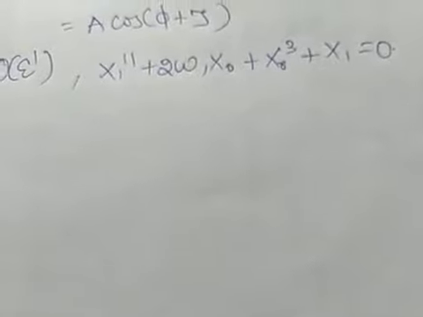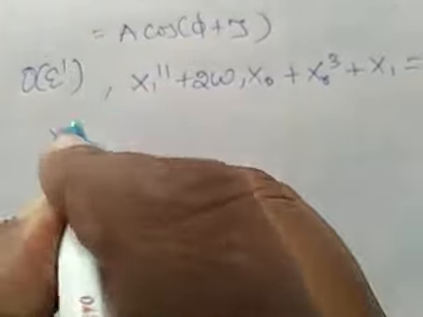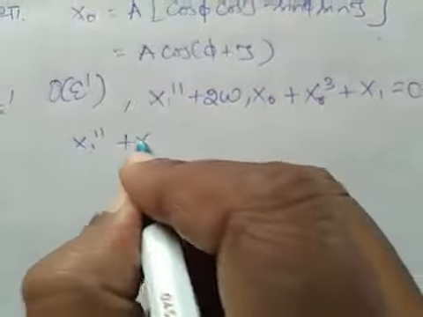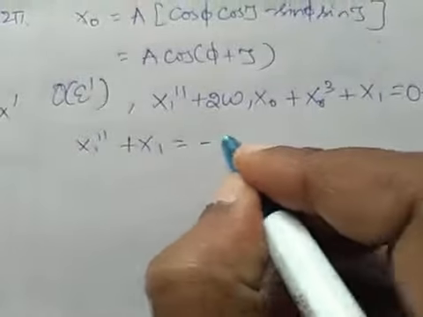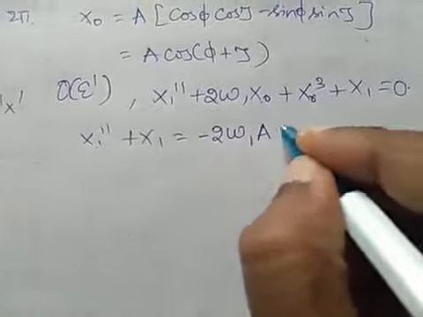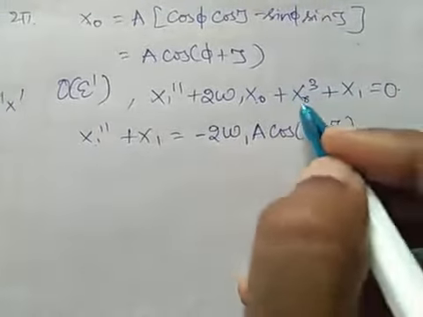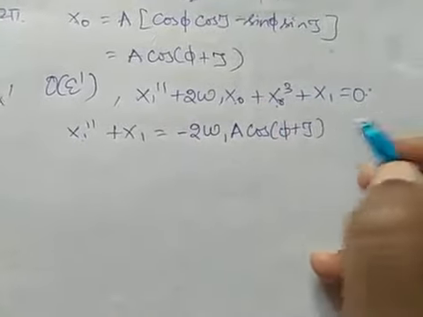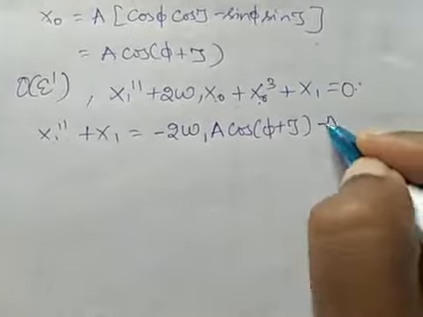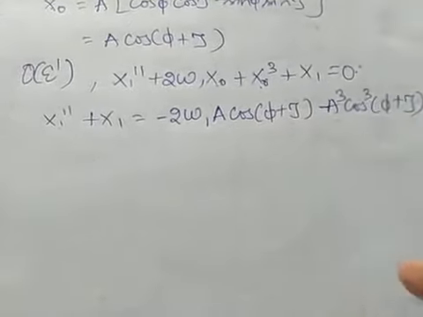We got the value of x naught, so we are going to substitute those values here. Our equation reduces to x1 double dash plus x1 equal to minus 2 omega 1 x naught, that is a cos(phi plus tau). When we shift this side, we will have minus a cube cos cube (phi plus tau).